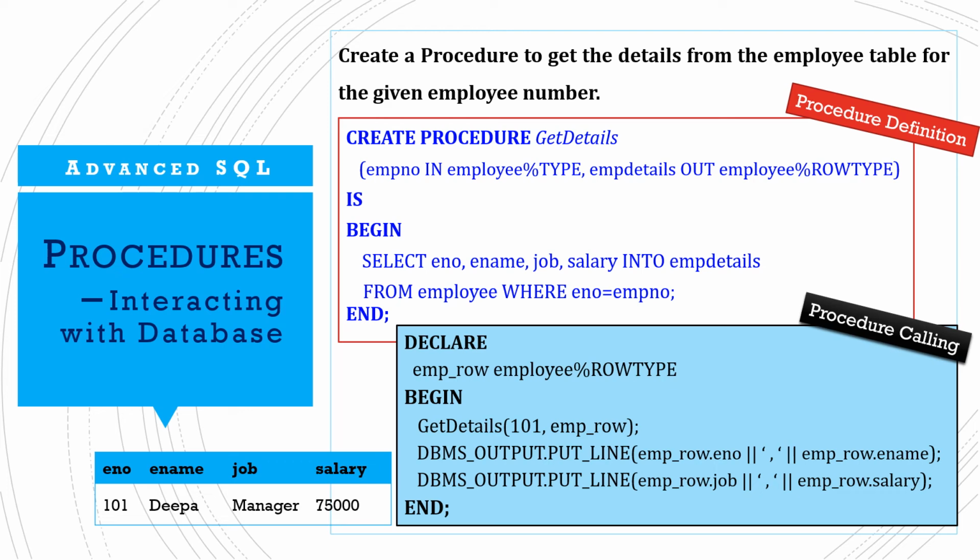So using this dot operator, we can get the details that we stored into emp underscore row for a given emp number. The emp number that we passed here is 101. So we are given a table which consists of id, emp number, name, job and salary.